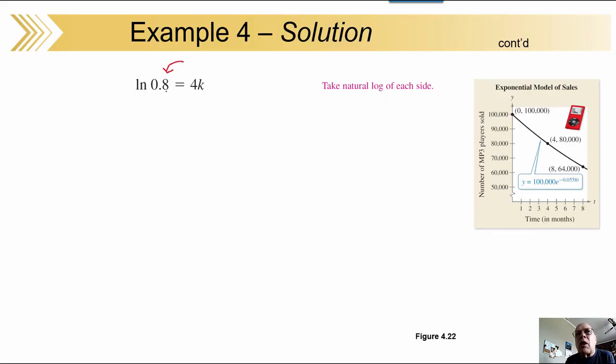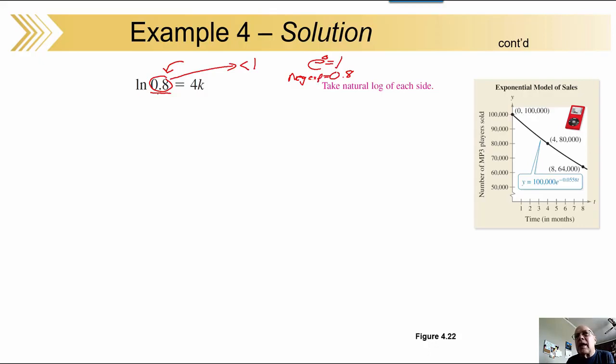We're taking the natural logarithm of 0.8, which is less than 1. Of course, it has to be positive, because to take the natural logarithm of a number, it has to be a positive number. But the thing to take note of is that because this is less than 1, and e to the 0 is 1, if we get 0.8, then we have to have a smaller exponent, which means a negative exponent.